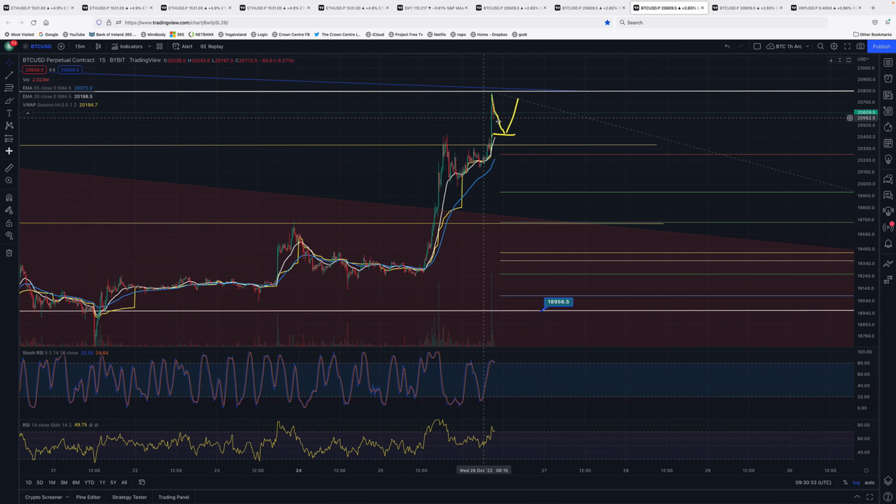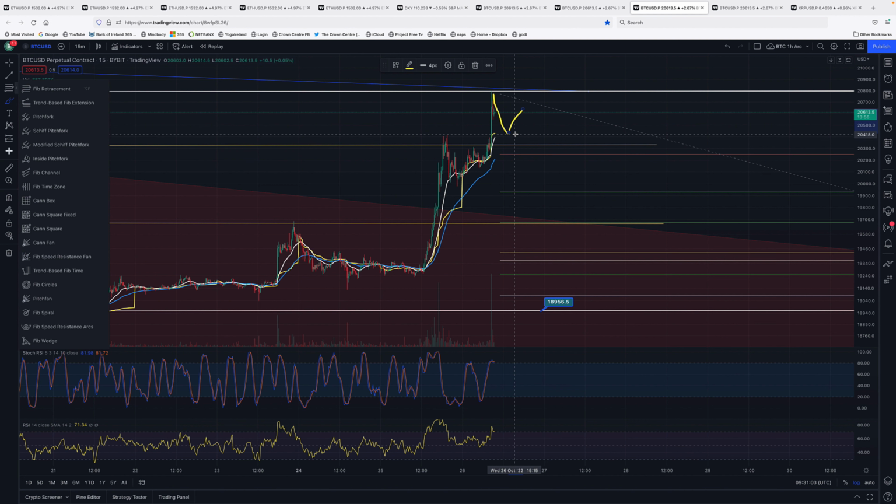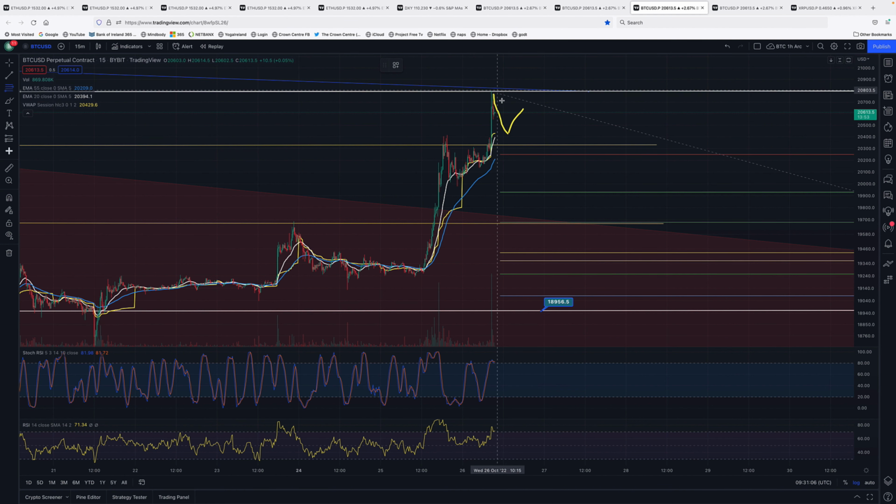So just to finish, let me start again to show you how I would use this. I'll remove this, because I want this to be caught in the recording for you guys to see. So let's say this is the top, and it comes down, it hits the VWAP. Now, once it hits the VWAP and it's getting rejected and it starts coming up, what I do is I put a fib retracement on this.